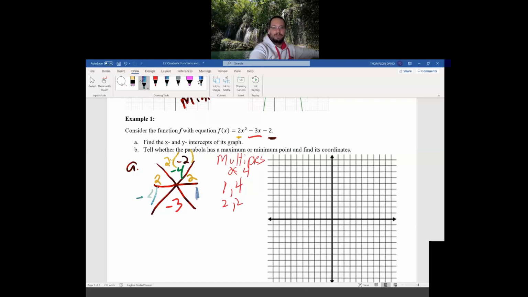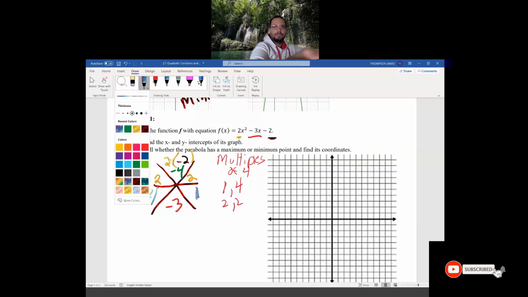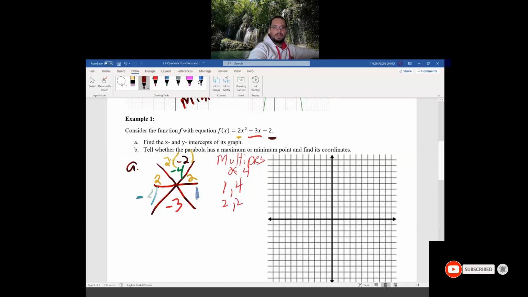Now to write this in factored form. So 2 over -4 would reduce to 1 over -2, because 2 goes into 2. 2 divided by 2 is 1, and negative 4 divided by 2 will give me negative 2.